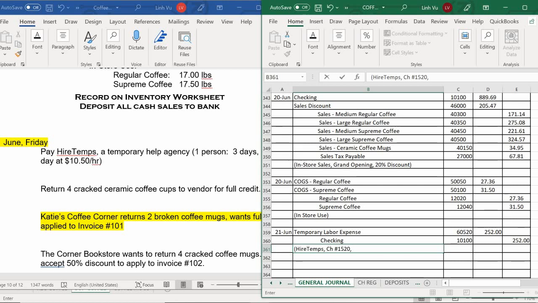If that's what you want to write, you could write one worker, 3 days, 8 hours, 10.50 per hour. Okay. Good.